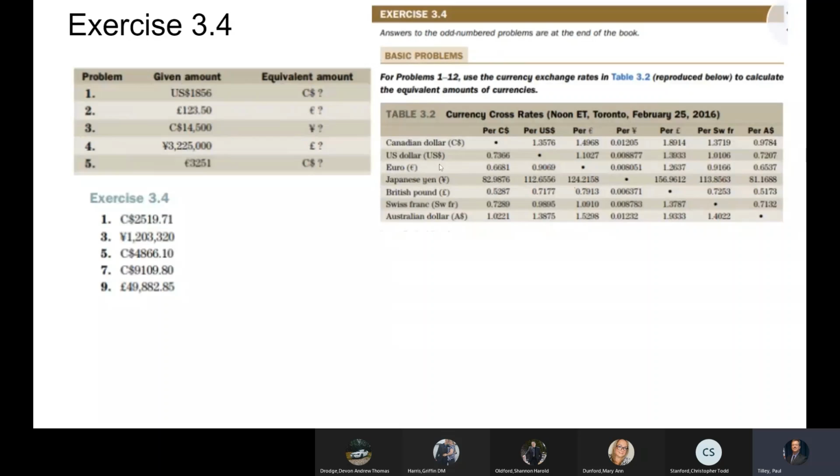The euro is 1.2637 per British pound, and the British pound is per euro. I'm looking for euro here. 0.7913.